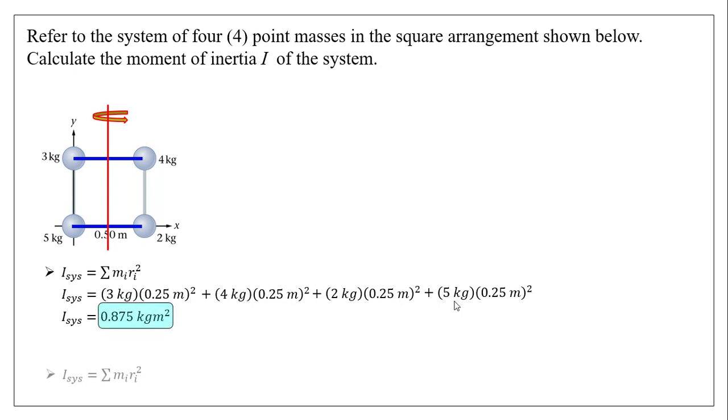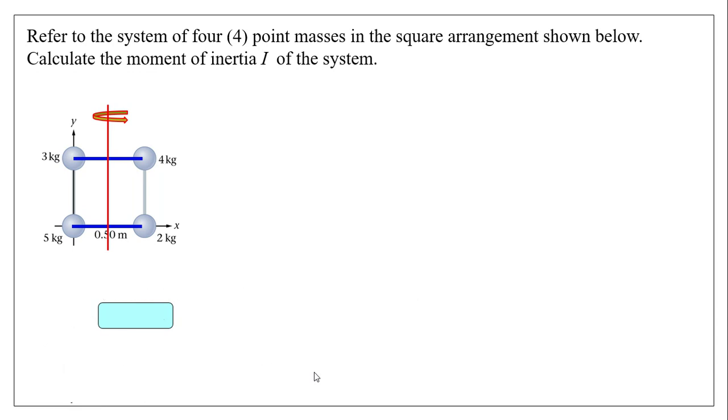So in my second step, just to make a point, if you pay attention to symmetry, you can do the same process. It would just be 3 plus 4 plus 2 plus 5, and then times the distance, and in this case the distances are all the same, so you can factor that out, and that would be 0.25, and then you square that and it will give you the same answer. Okay, so however you want to do it.